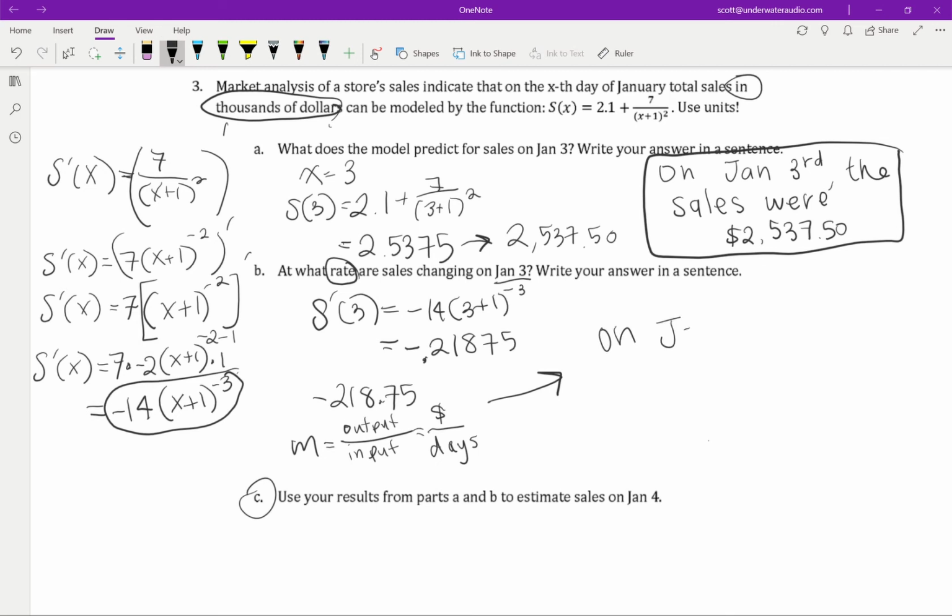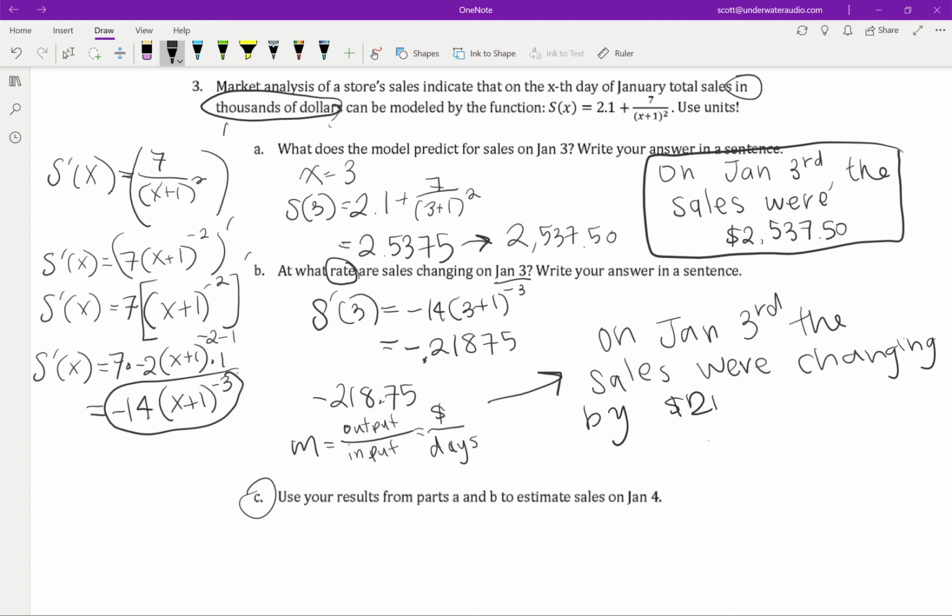On January 3rd, the sales were changing, oops, I wrote an S. The sales were changing by $218.75 per day.